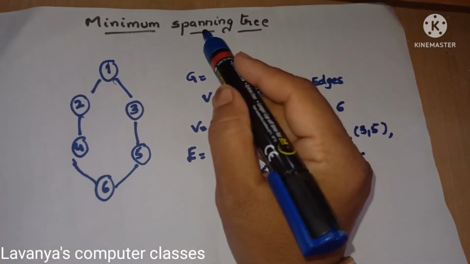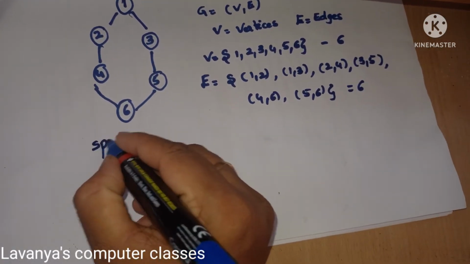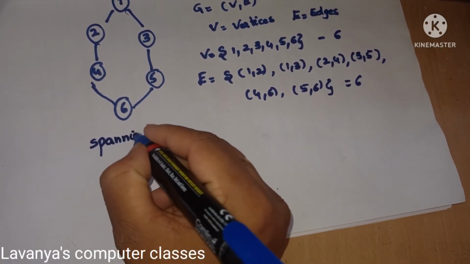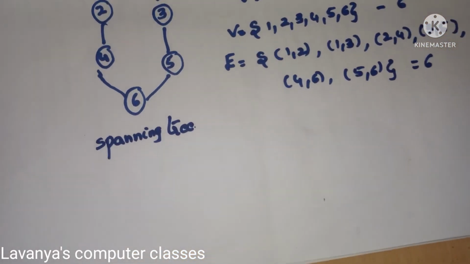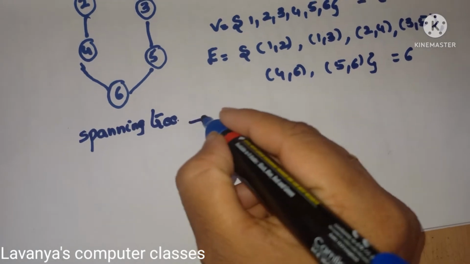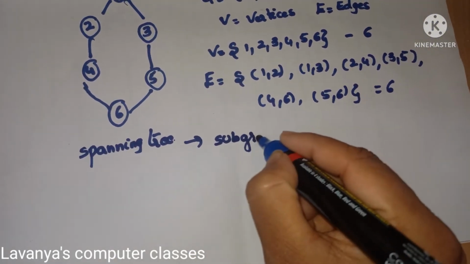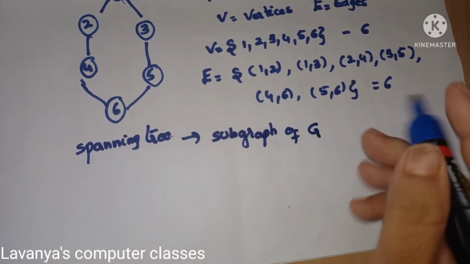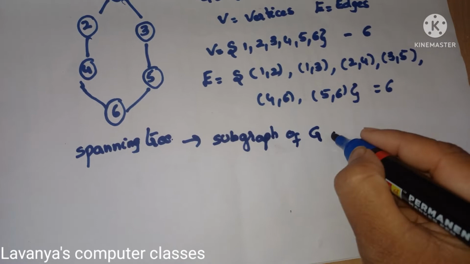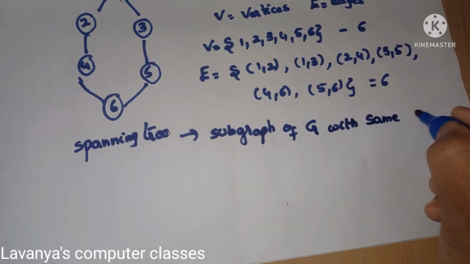For this graph, now I will go for spanning tree. So what is a spanning tree means? Spanning tree is a subgraph of a graph. That means it is also a part of a graph with same vertices and fewer edges.